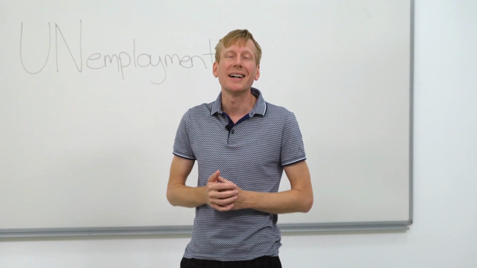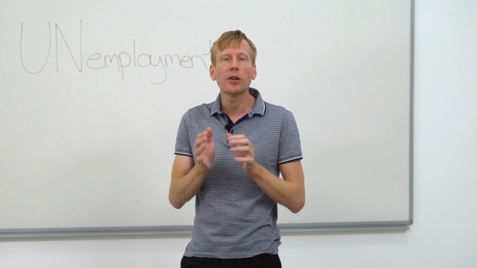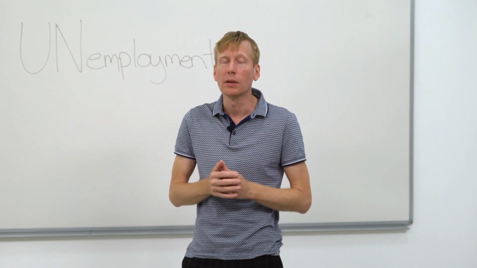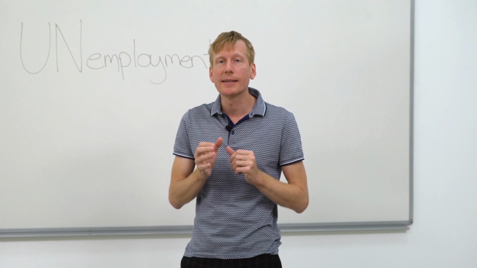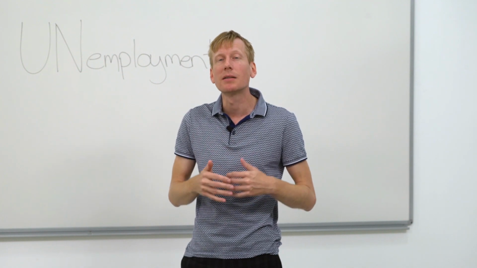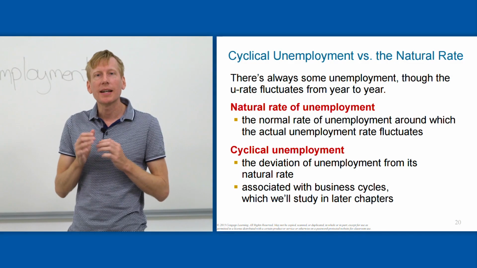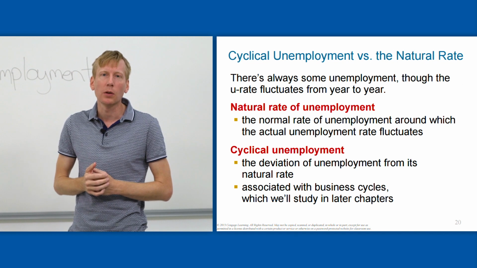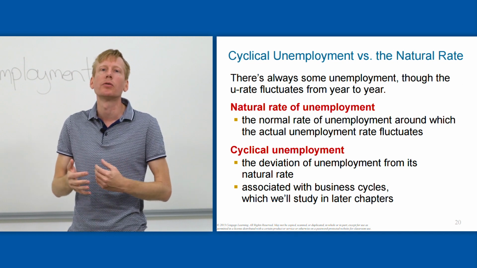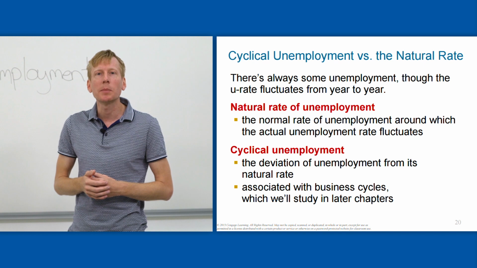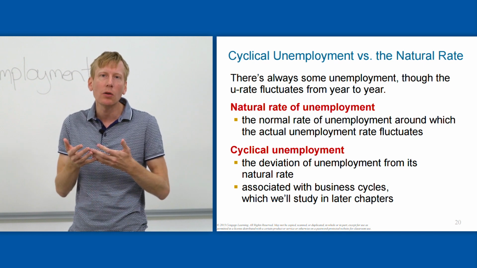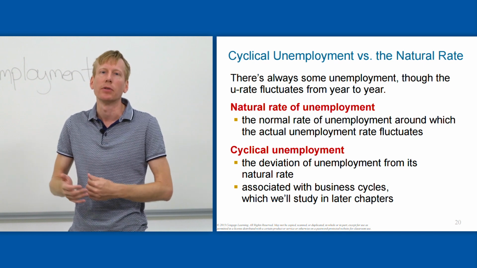We would also categorize unemployment, not unemployment for a particular individual, but employment rates and unemployment rates as being either cyclical or natural. You'd say that the economy should have a natural rate of unemployment, which is a typical average rate of unemployment, when the economy is neither growing more rapidly or less rapidly than average.